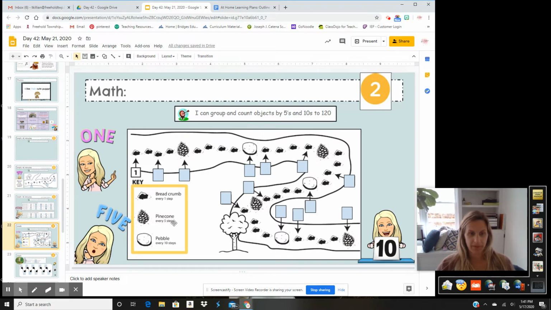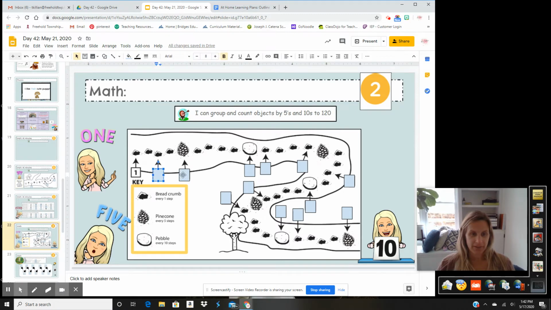The key tells me every 5 steps, Gretel drops a pine cone. And then every 10 steps, Hansel drops a pebble. So here's what it looks like from up in the sky. Using what you know in this key, you're going to fill in the number of steps.